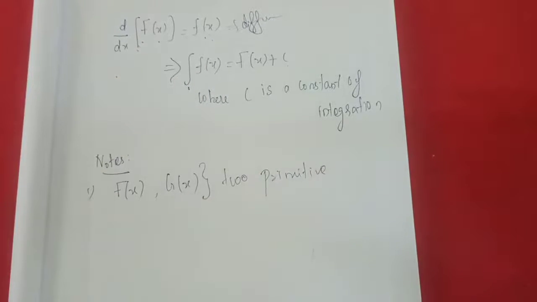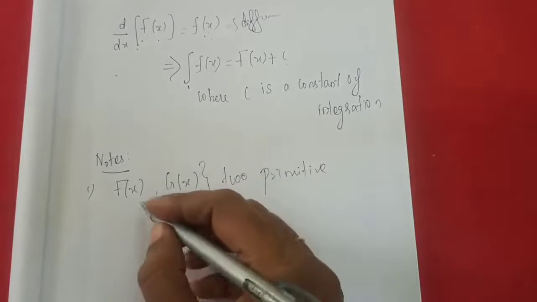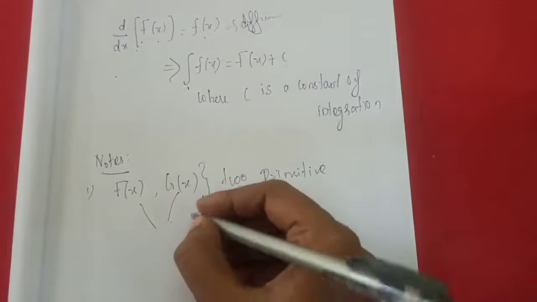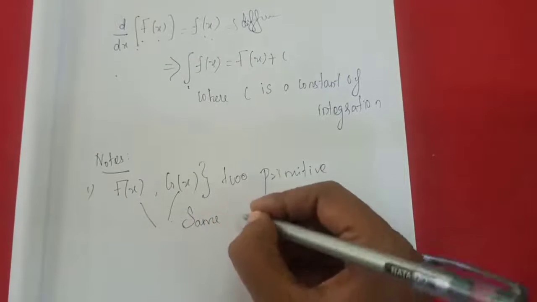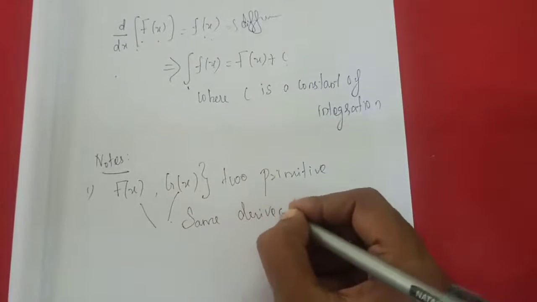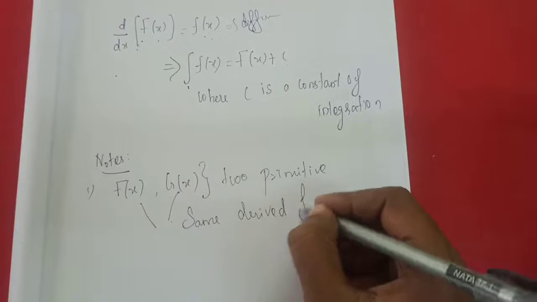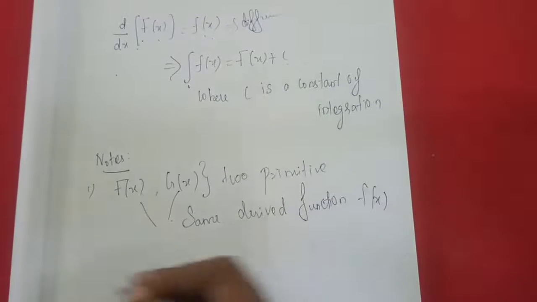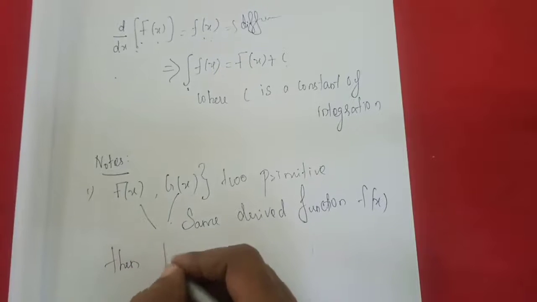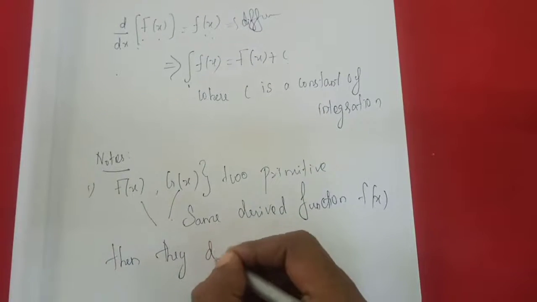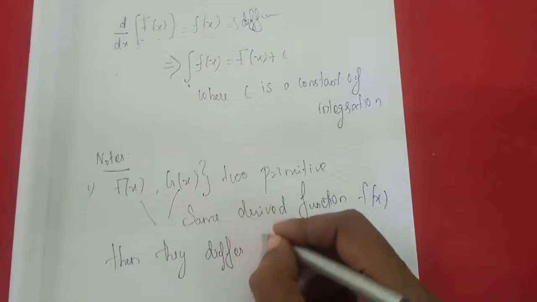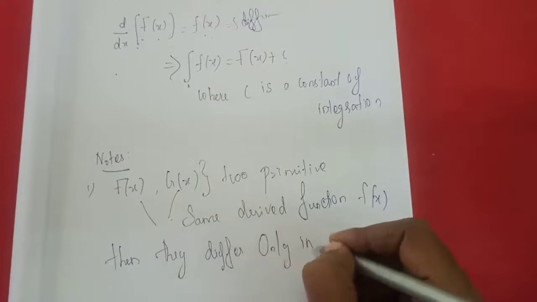If the two primitive functions have the same derived function, small f of x, then they differ only in constant term.